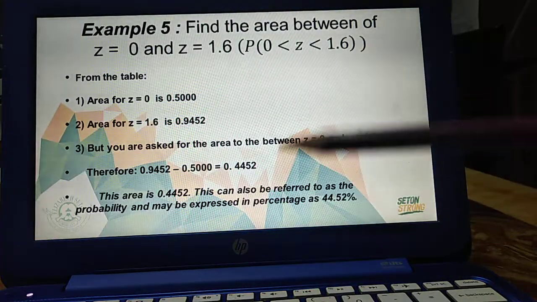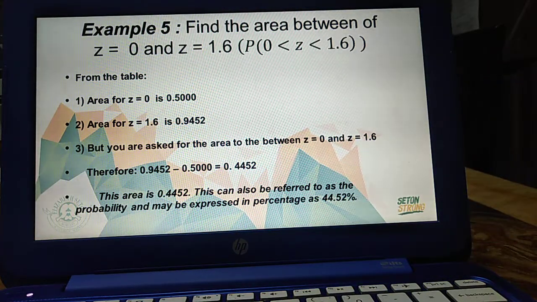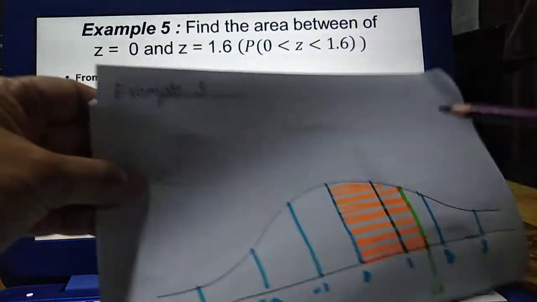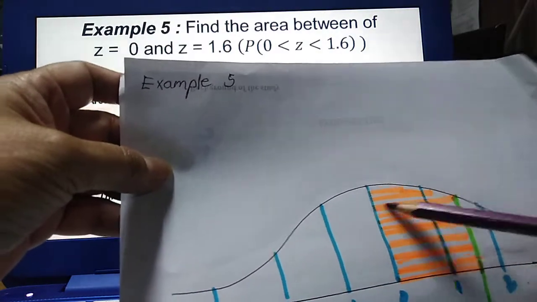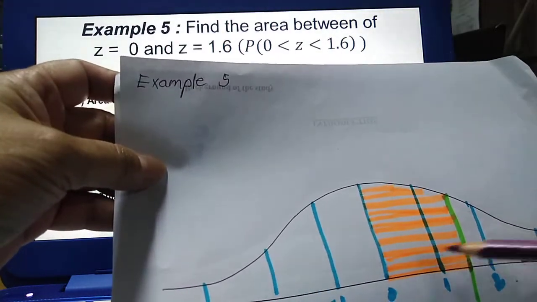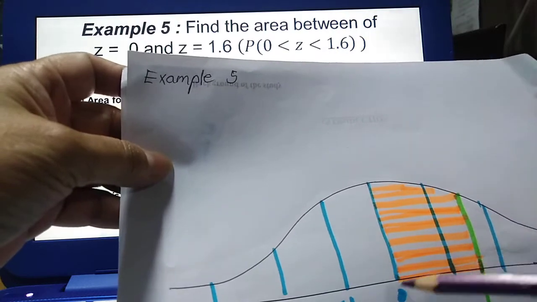Now, we get the area of the z-score 1.6. Looking at the table, we have the area of 1.6 as 0.9452. But you are asked for the area between. So to get this, from 1.6, we subtract the 0.